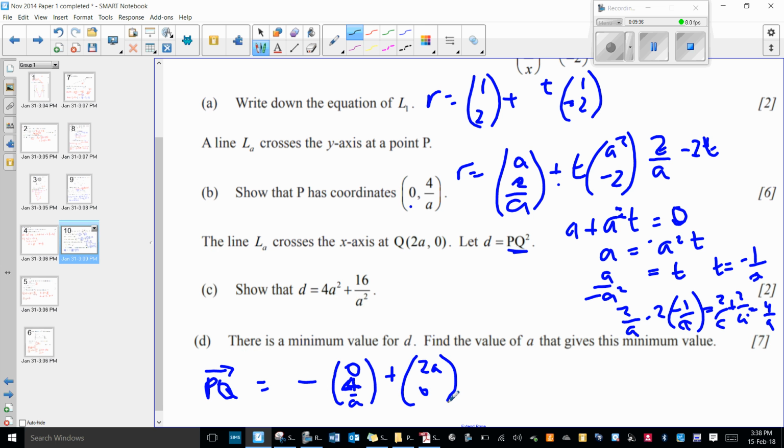So that would be (2a, minus 4 over a). That's the vector from P to Q.